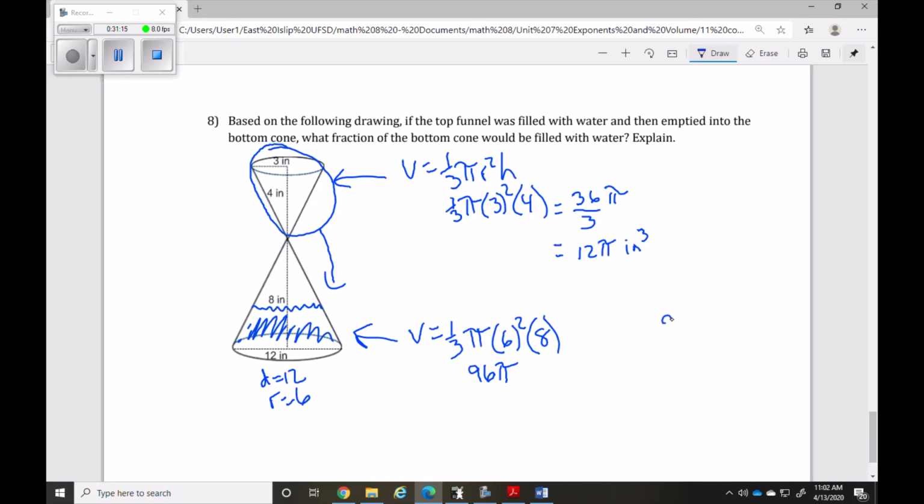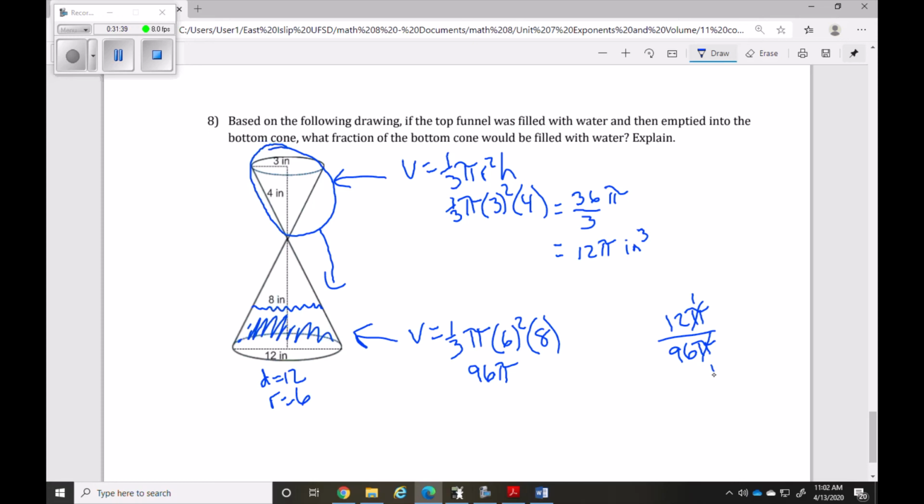So how do I write that as a fraction? It'll be like the larger volume over, no, I'm wrong. The smaller volume over the larger volume. What's so nice about this fraction is that there's a pi in the numerator and denominator.